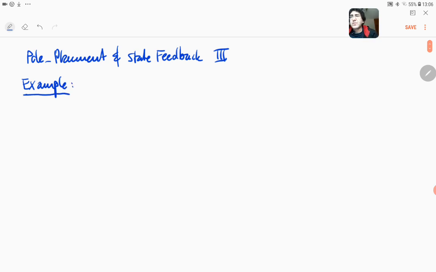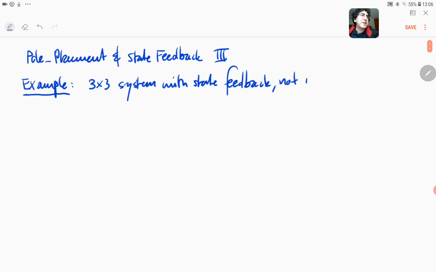This is a 3x3 system with state feedback and not in controllable canonical form. Okay, let's consider our system.